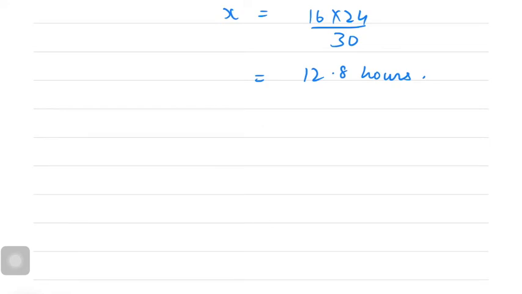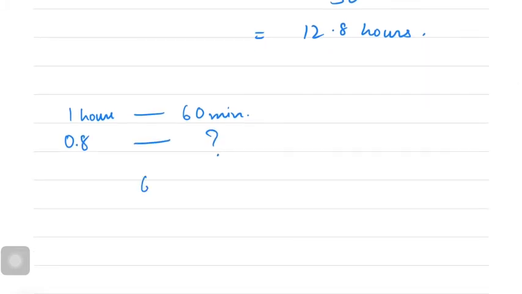So let's calculate 0.8 hours is how many minutes. We have already calculated: if 1 hour is 60 minutes, 0.8 hour is how much?